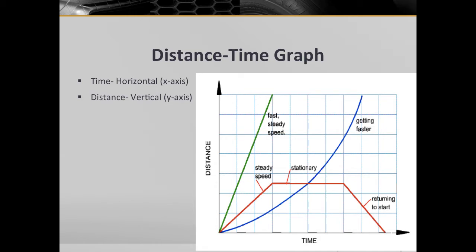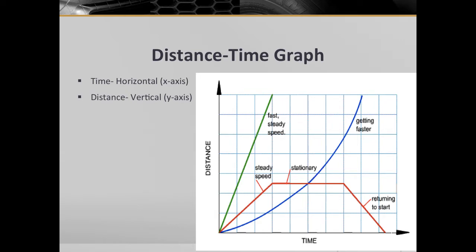The blue line, over time, is getting faster, but it's more of a gradual time period. It's not over a few seconds or a few minutes. It's more gradual. Then the red line, the object increases in speed, and then it stops.